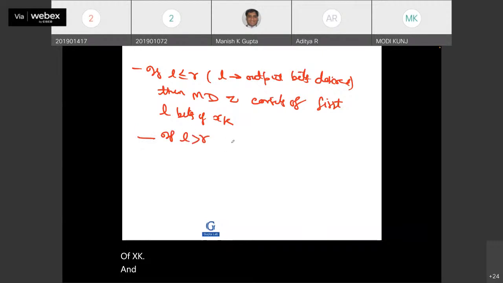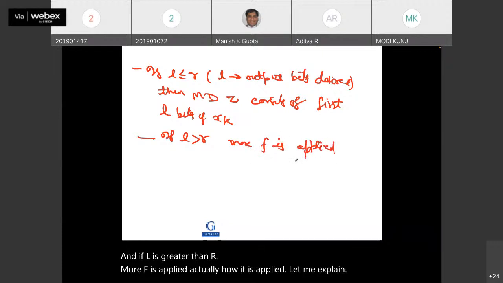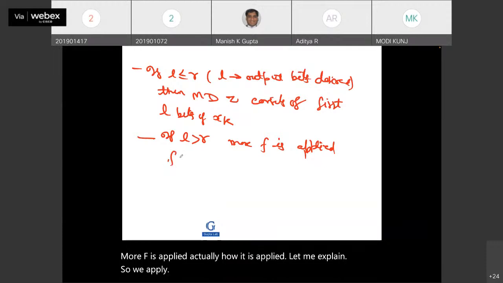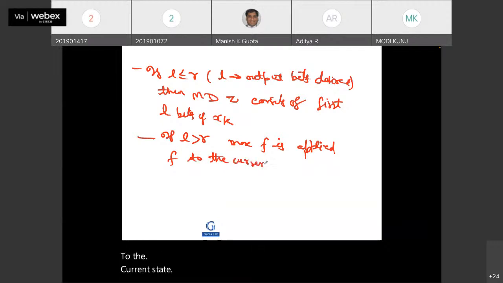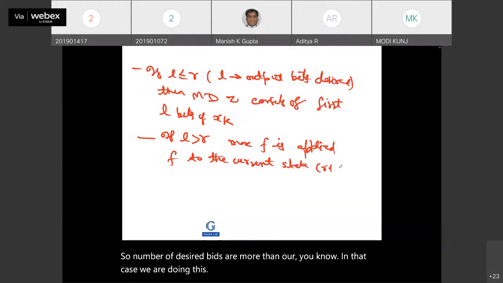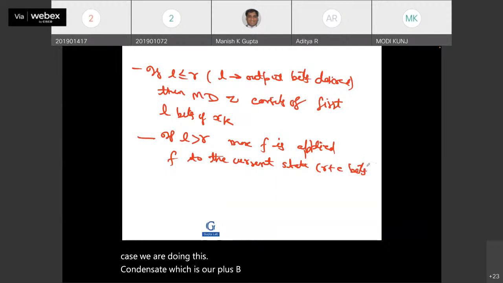And if L is greater than R, more F is applied. Let me explain how it is applied. We apply F to the current state, since the number of desired bits is more than R. The current state is R plus C bits long. Take the first R output bits as another output block.